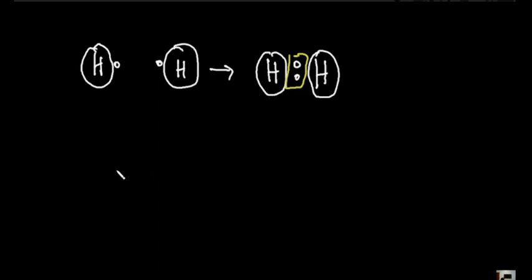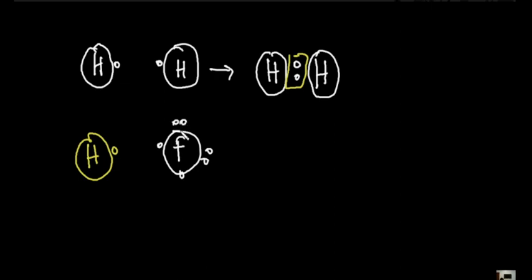Okay, let's consider another molecule. Imagine you had a molecule of hydrogen fluoride. Hydrogen has 1 electron in the outermost shell. Fluorine is 9, in group 7, so it has 7 electrons in the outermost shell. When they form a molecule, remember, non-metal covalent bond means sharing.